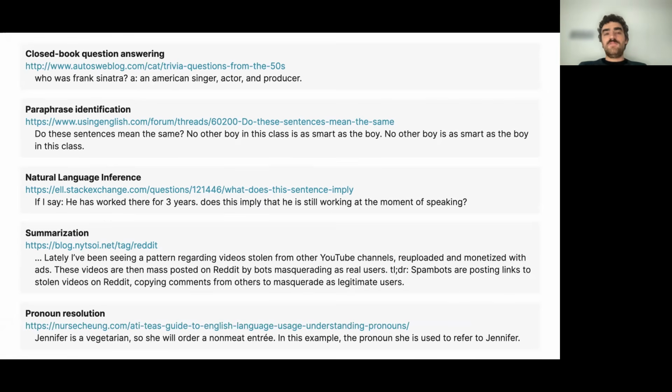And to motivate that, I'll first note that many of the things that we want a language model to do appear implicitly in the large text corpora that we train them on, these web scrapes, let's say. So going back to the example from the previous slide, this question answering task, where you just feed the model a question and see whether it predicts the answer correctly.